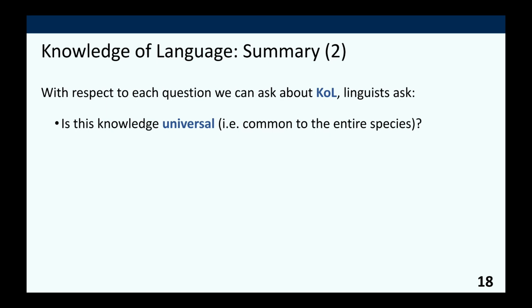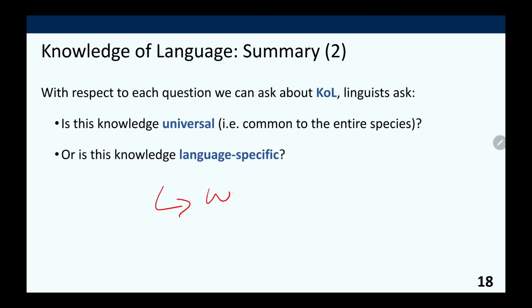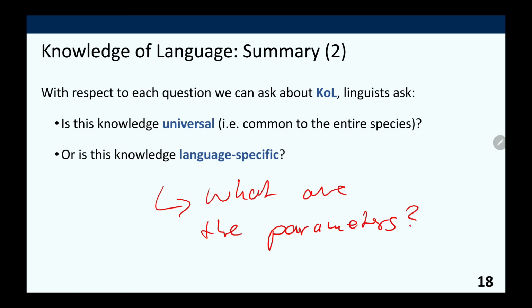That is, is it common to the entire human species? Or is that a language-specific property? And perhaps if it is a language-specific property, we can also ask the question of what are the parameters? That is, what are the possibilities within which this variance can exist?